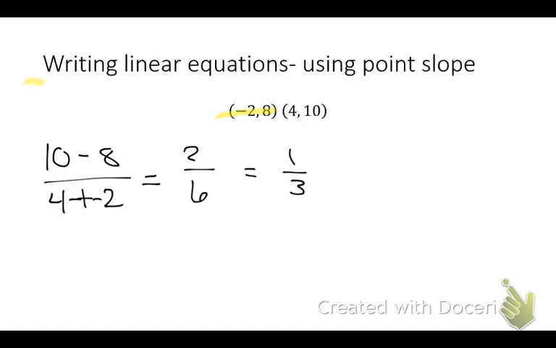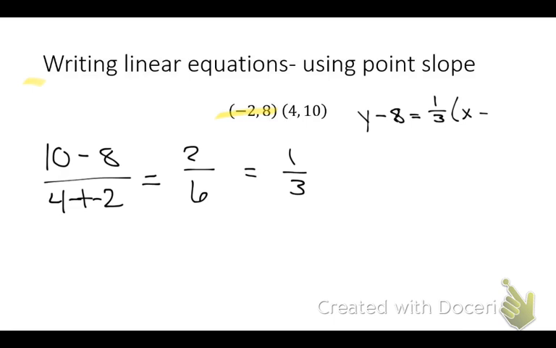So now I choose one. It doesn't matter. Last hour I chose 4, 10. This hour I could choose negative 2, 8. It does not matter. Just plug it into the point-slope formula. y minus, what's my y1 value for the first ordered pair? 8 equals m, which I just solved for.